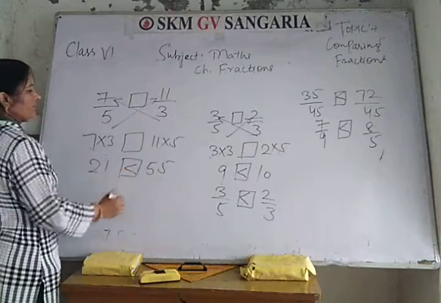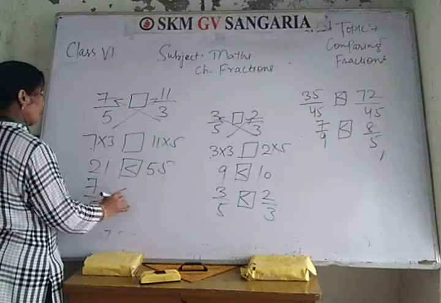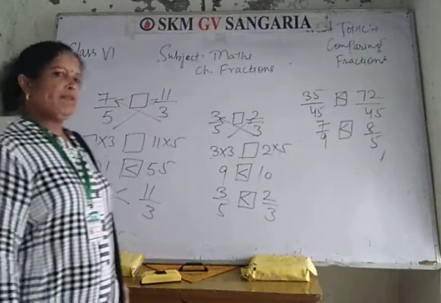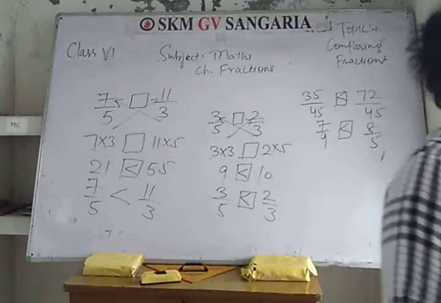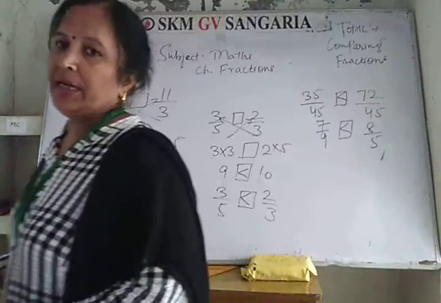So which is greater? 55 is greater. So which fraction will be smaller? 7 upon 5 will be less than 11 upon 3. 55 is greater. So you can solve many questions in exercise 7.3.